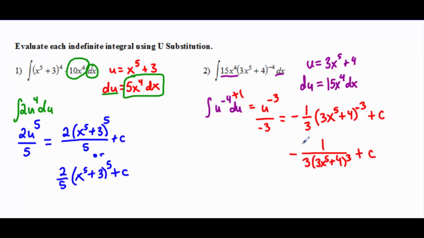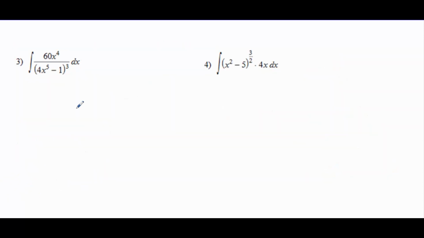So depending on who your teacher is, they might rather you leave it as negative third. That's fine. If they want you to move it to the bottom, that's technically a slightly better answer. You just need to make sure that you know what they want. I personally want it to be on the bottom, but hey, it's whatever.